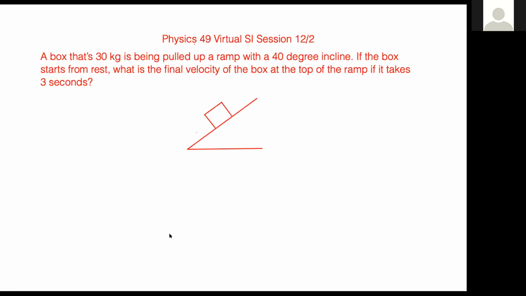Now we want to put in our other information. So we have a 40-degree angle here. And we also want to put in our coordinate system. So let's have this way be positive and this way be positive, where this is the y.